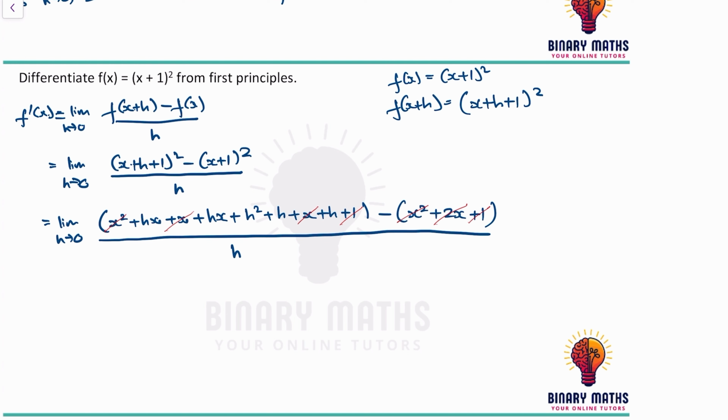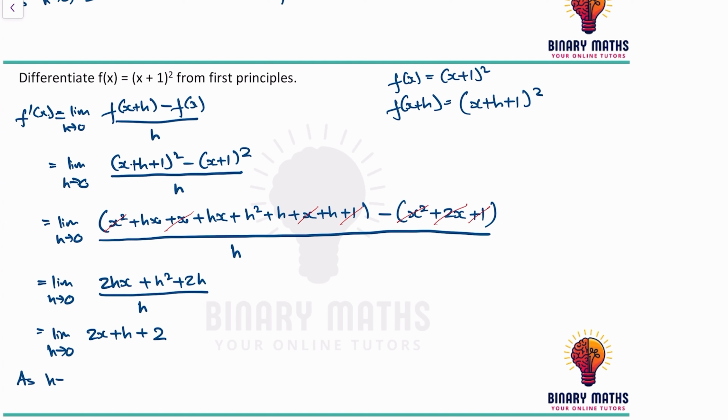So all I'm left with is limit h tends to 0 of 2 lots of hx plus h squared plus 2h over h. If I cancel one factor of h in the numerator, I end up getting 2x plus h plus 2. I can't simplify anymore.